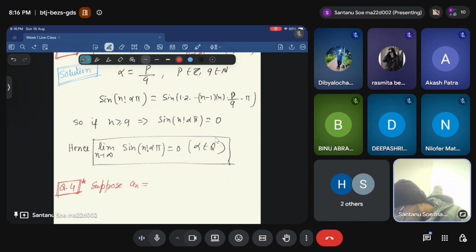Suppose a_n is not equal to 1 for all n, and the limit of a_n is 1.